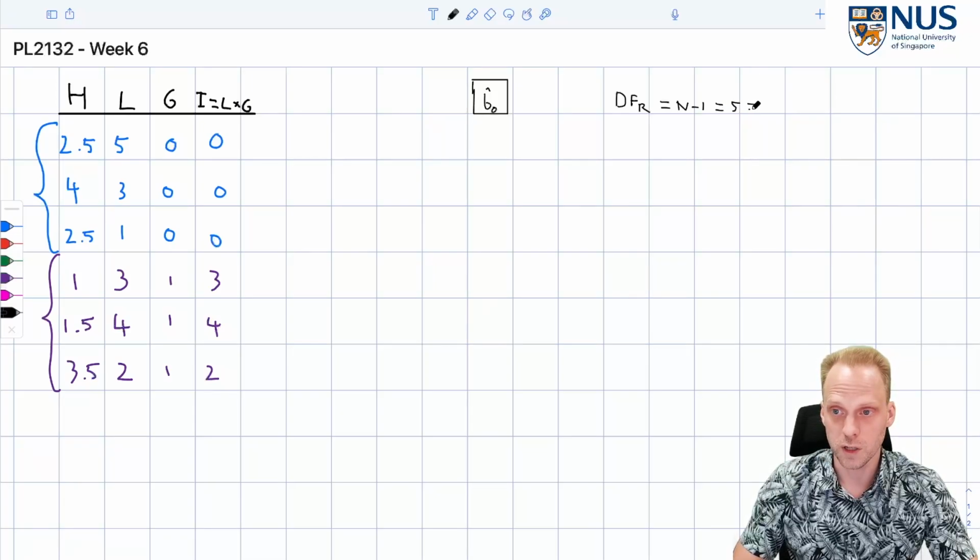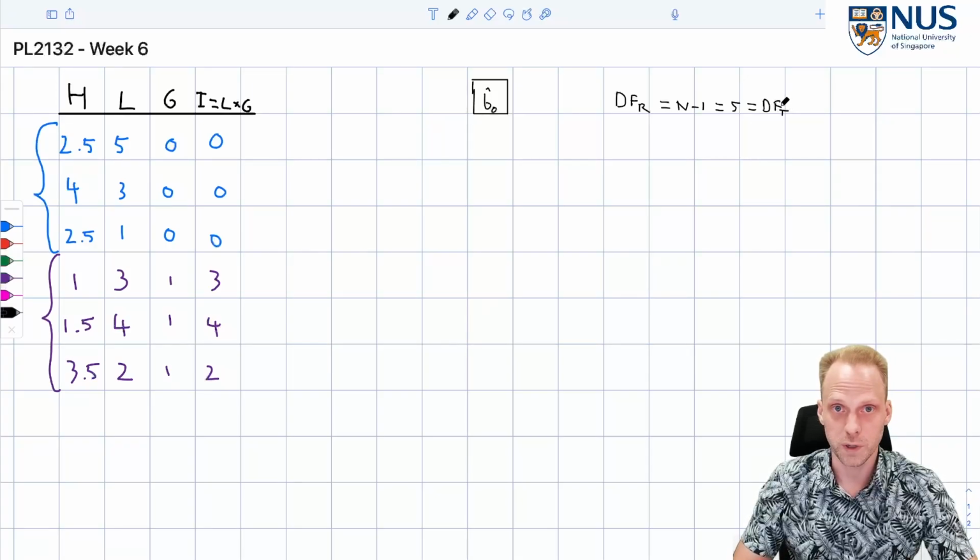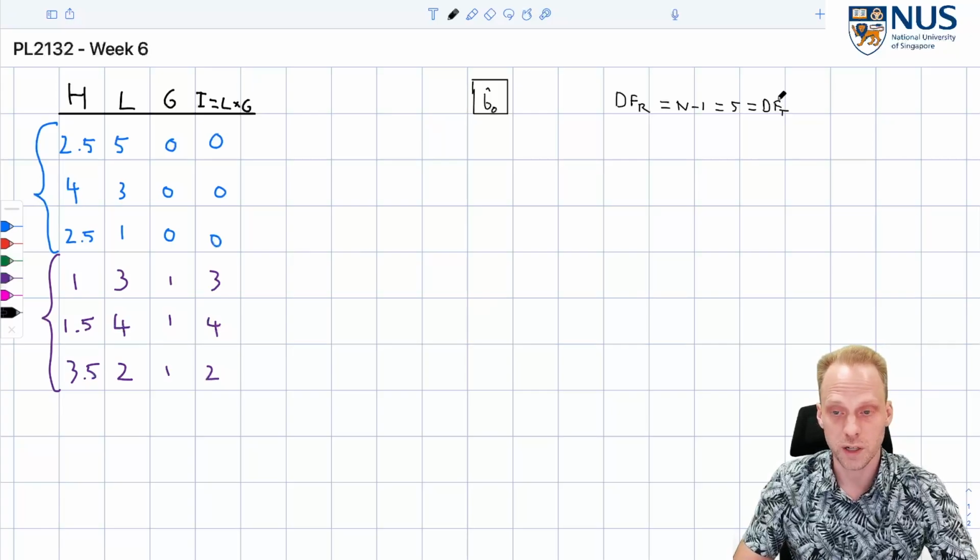For this model only, we would also call this the total degrees of freedom. And we call the mean square estimate and the sum of squares estimate here the total mean squares and the total sum of squares, because this is the simplest model that you would use. You would very rarely use a model where you don't have an intercept.